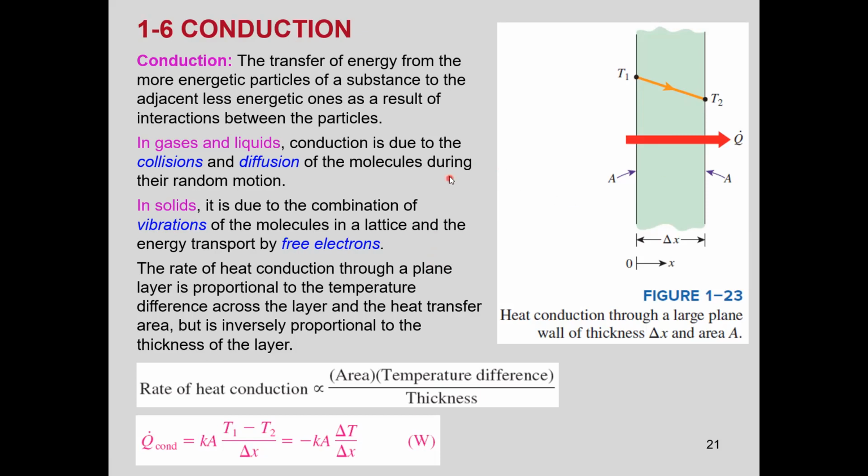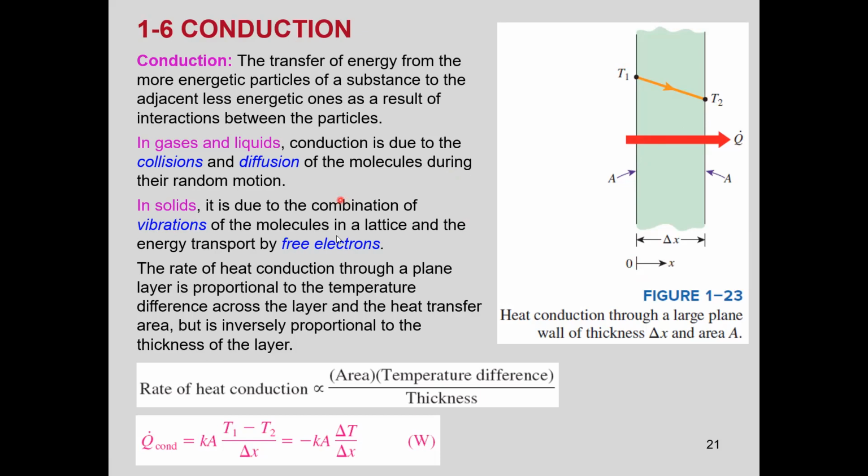That's the correct terminology. So the axis in the direction of X is the same as the direction of heat transfer, from high temperature to low temperature. This is 0, positive X direction.